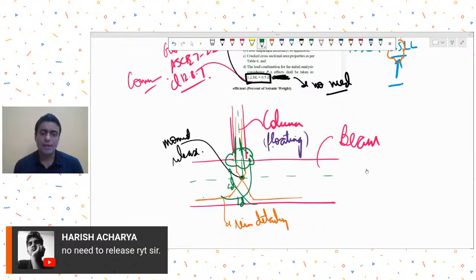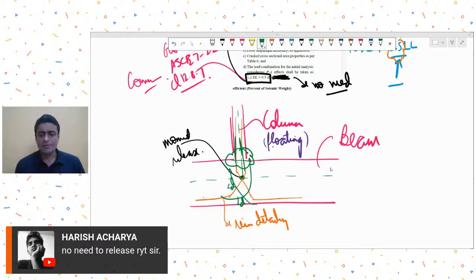See, if you had a steel floating column resting on a steel beam, or maybe a steel floating column on a RCC beam, it would have been easier for us to create a moment release connection between column and beam. If the column was steel, beam was RCC, or if both were steel, it would have been simpler, and detailing wise also possible for me to have a released connection.